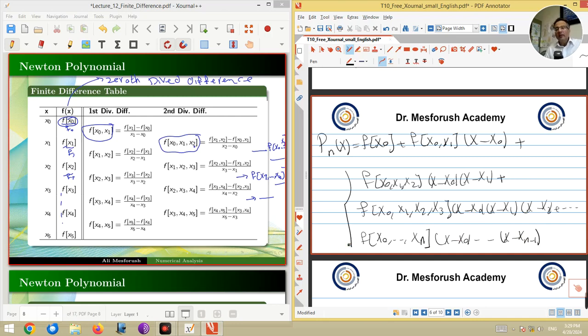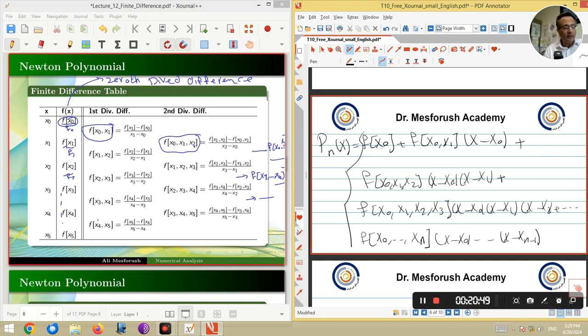This is the Newton polynomial for nodal points in a table, and it works very well.